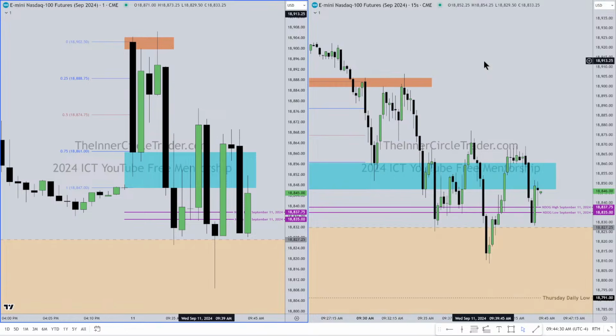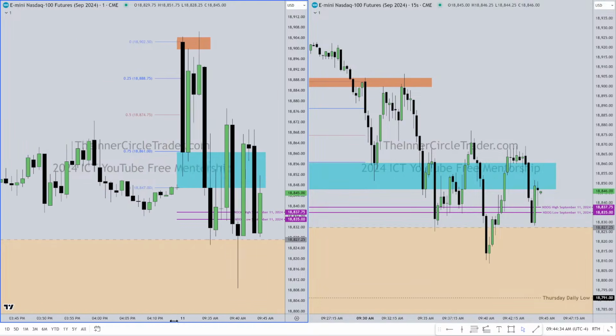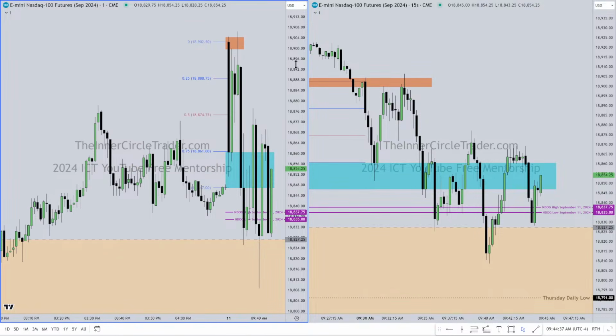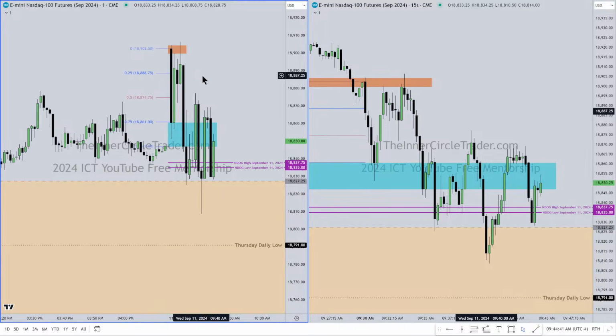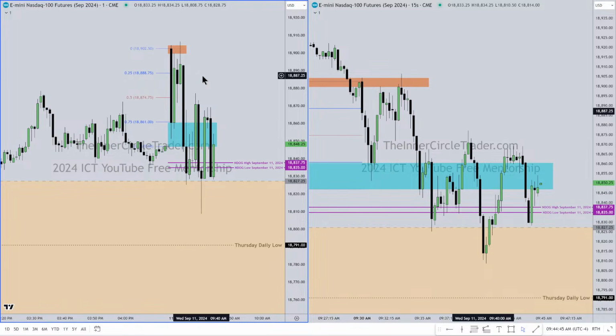If you're just looking at the 1 minute chart, like over here, this could be a little perplexing. So now we're banging at the bottom end of that 1 minute gap.